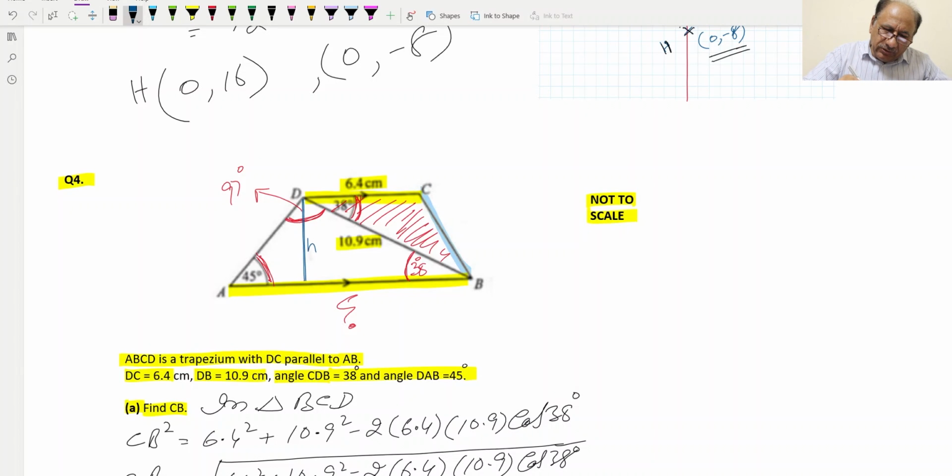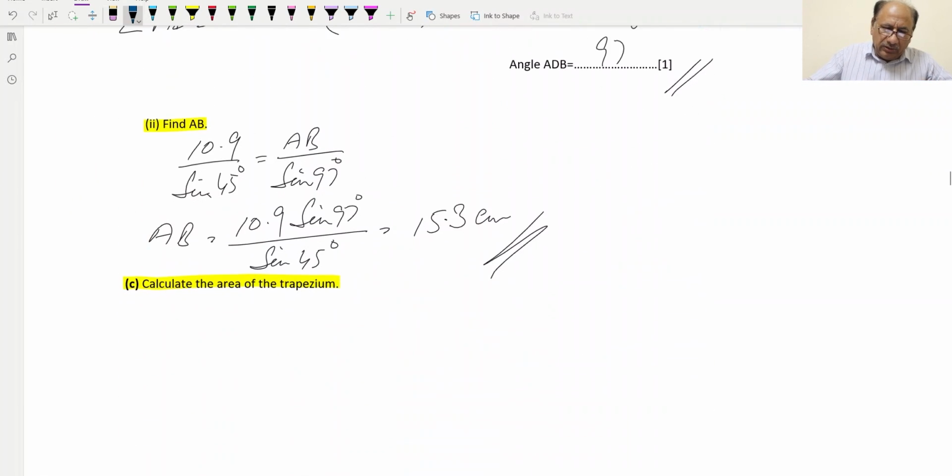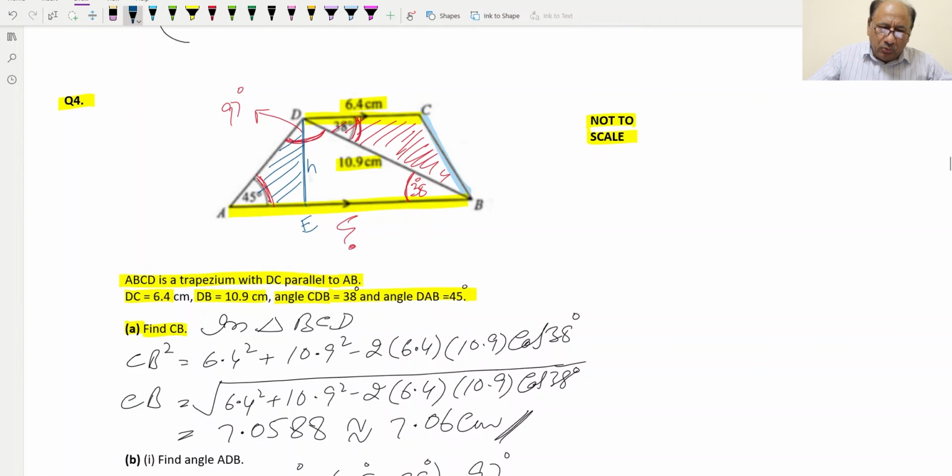I'm writing here h, and this point we can take any point, like for example ABCD is already there, so I'm taking this point as E. We can consider the other triangle, not this one.